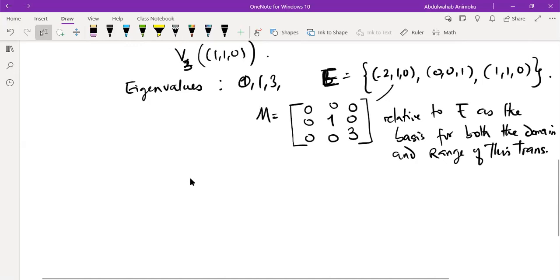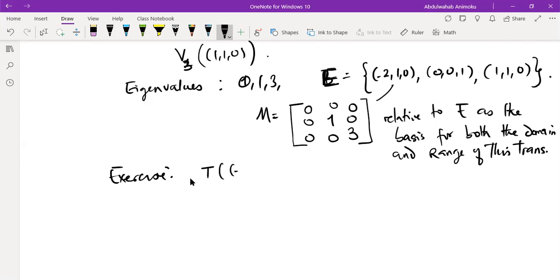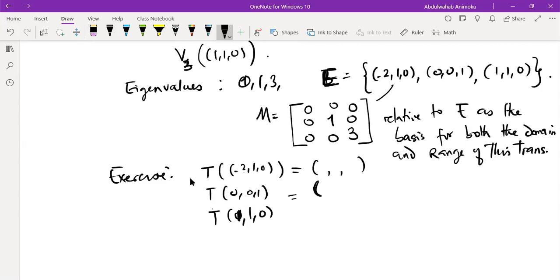As an assignment, what I will expect you to do is this as an exercise. When we use these three vectors for the matrix of transformation, once we have this, put -2, 1, 0 into the transformation, you get some vector. The same thing with 0, 0, 1, you get a vector. The same thing with 1, 1, 0, you get another vector.